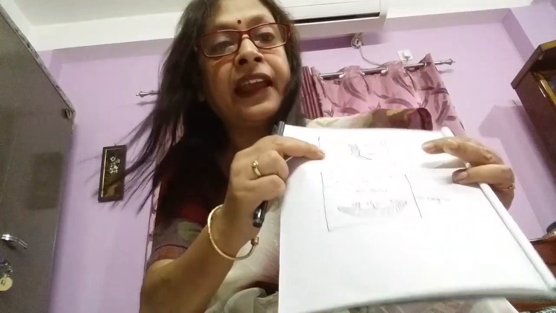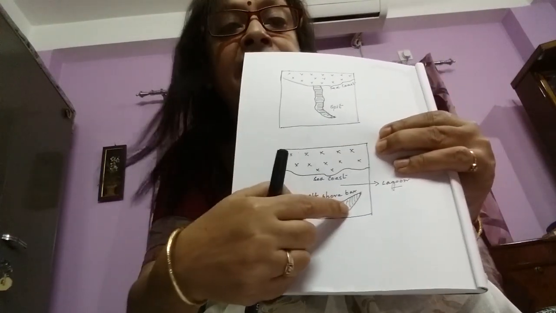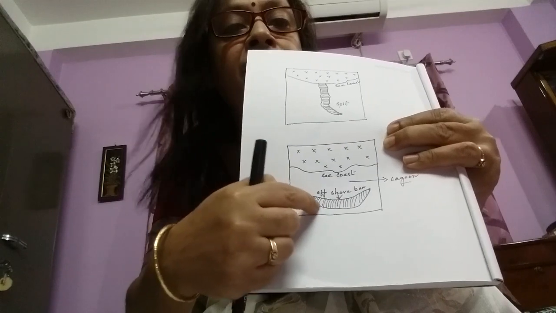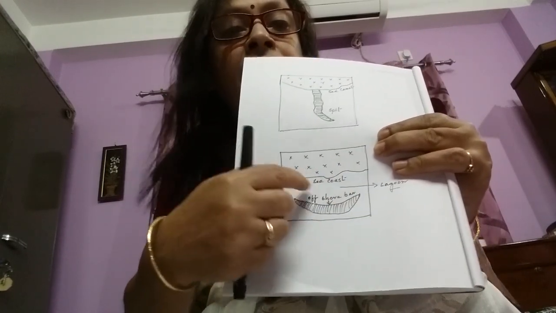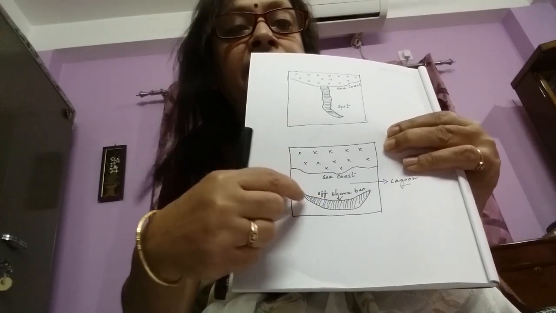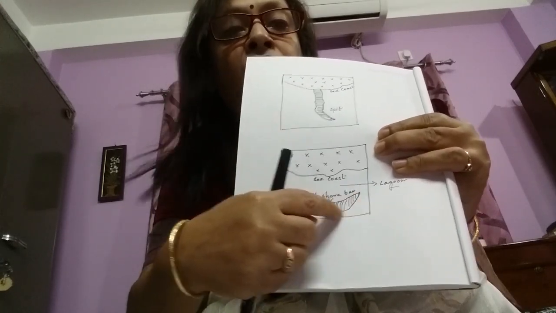When such a bar is formed at the mouth of a gulf, it is known as a barrier bar. Now let's see the diagram again. This is the coast, and this is the bar, a ridge of sand disconnected from the mainland, just lying over here. So this is known as the offshore bar.